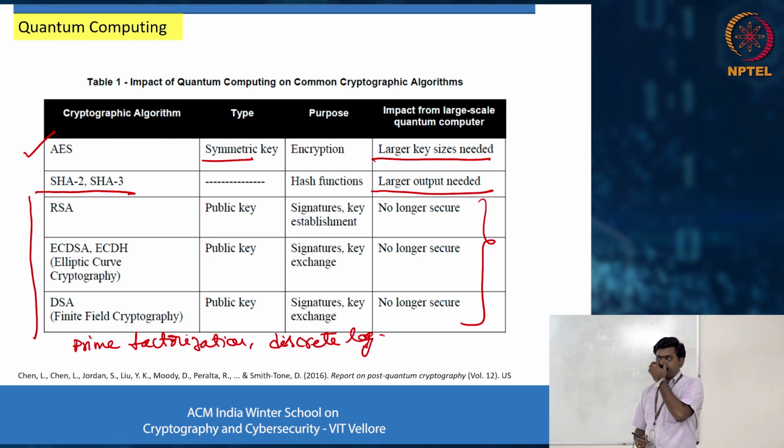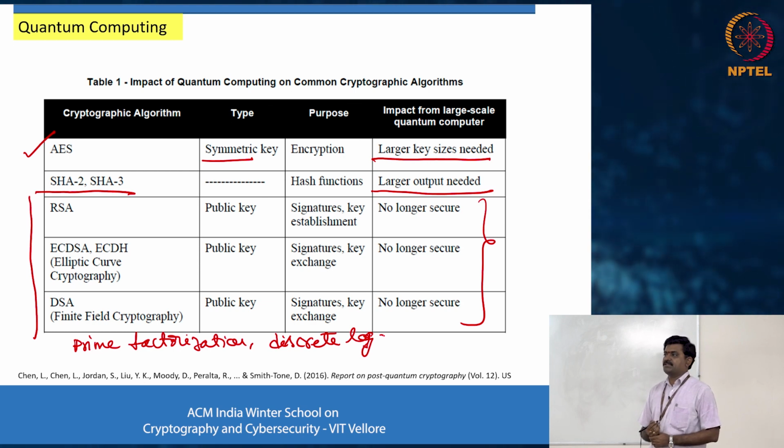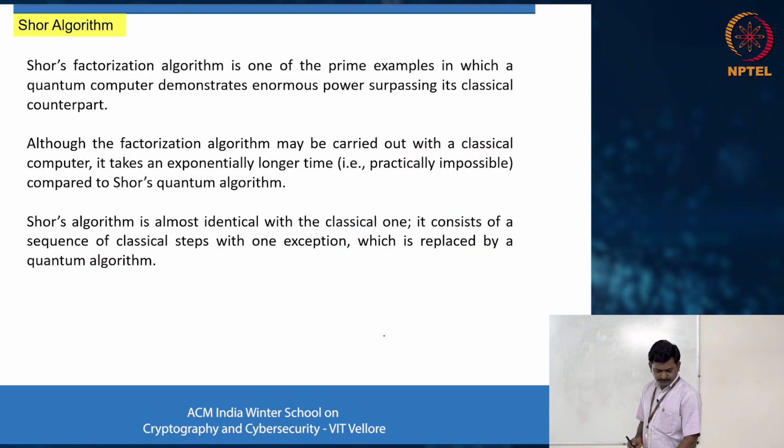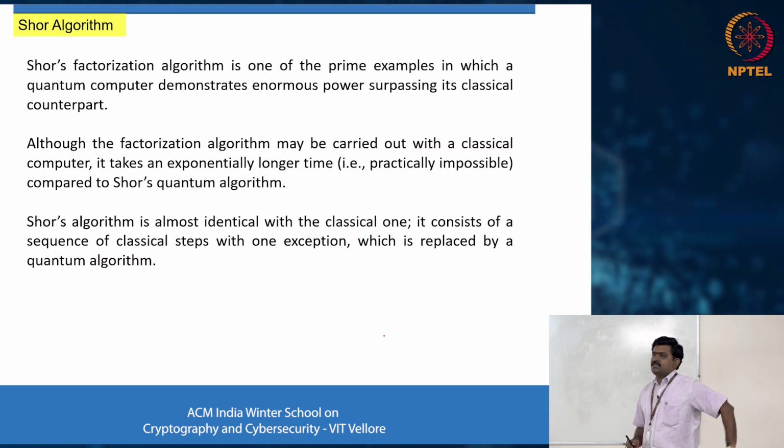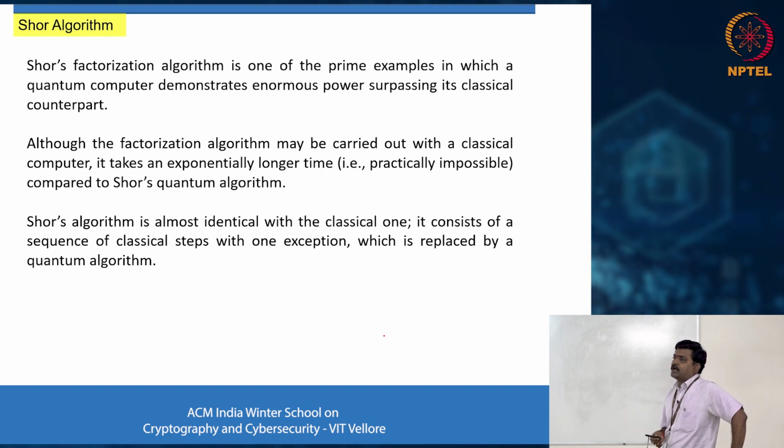Discrete logarithm problem on which your Diffie-Hellman key exchange is working, prime factorization problem on which your RSA is working, right? What is the algorithm that is posing the threat from quantum computer? It is the Shor algorithm.